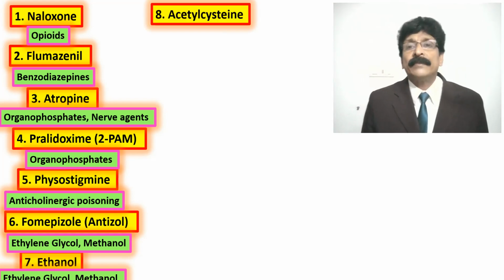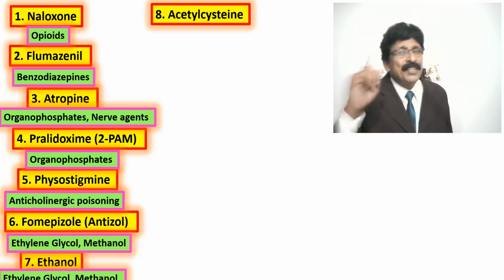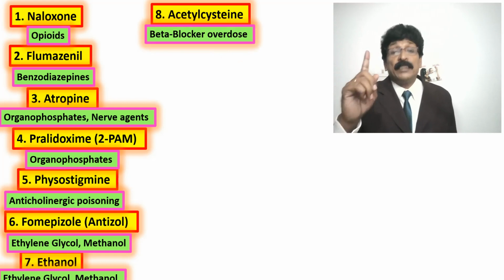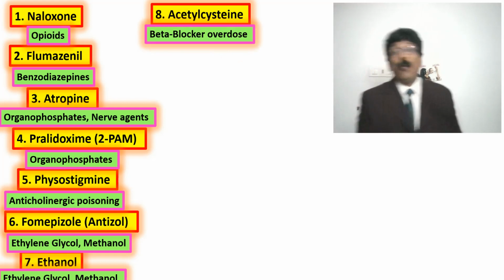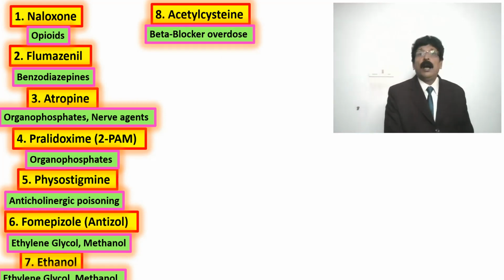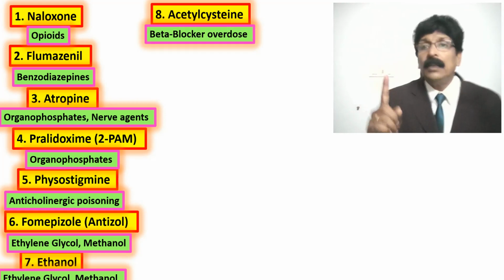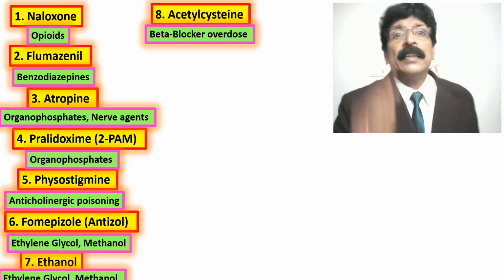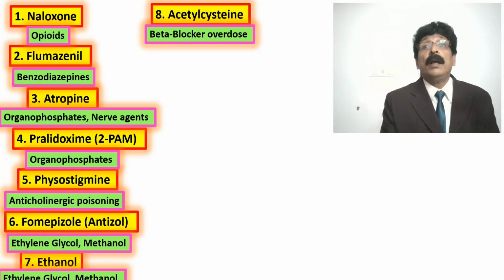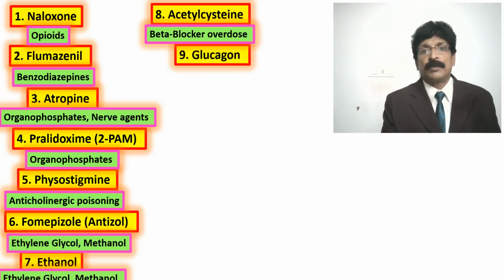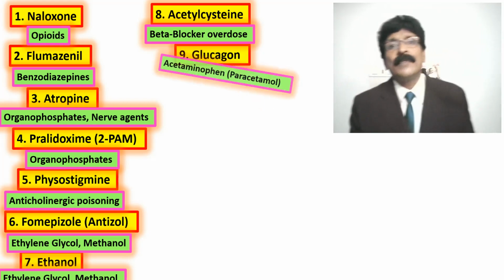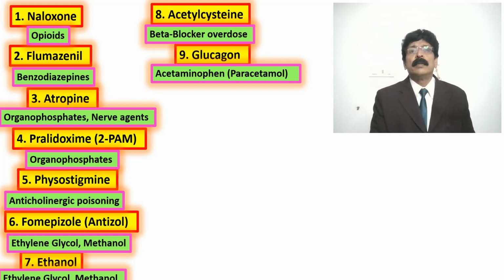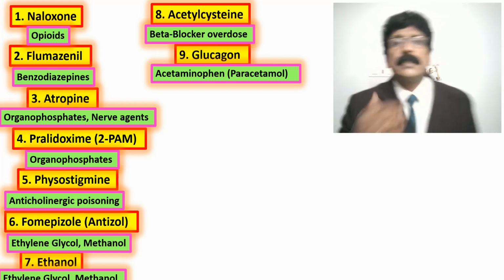Number 8, acetylcysteine. Immediately the student should remember paracetamol. Acetylcysteine is not for paracetamol, it is for beta blocker overdoses. Sorry for telling that. Glucagon is for... there is a small mistake here.